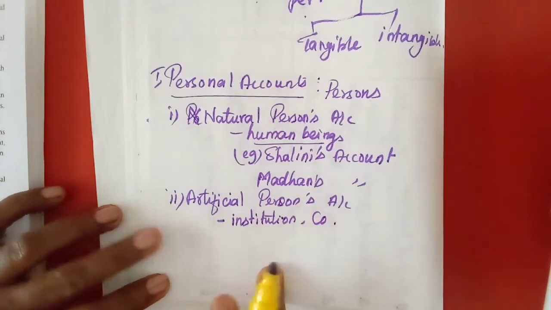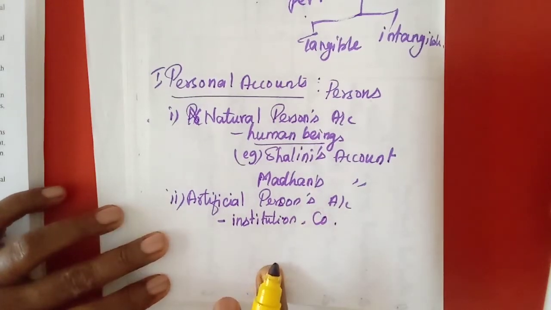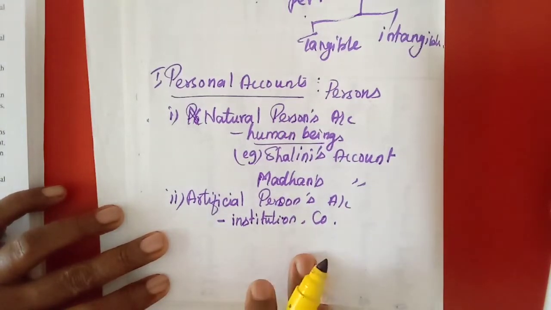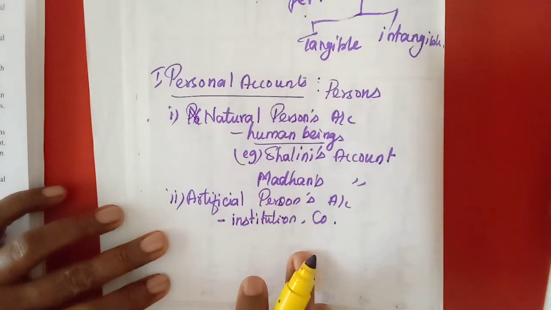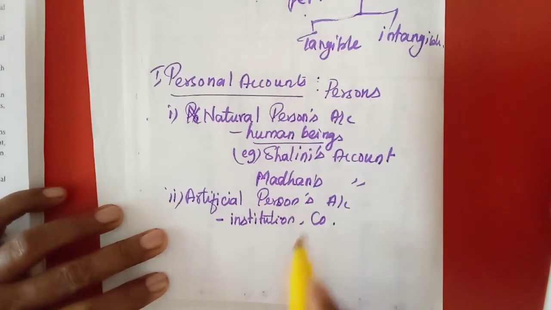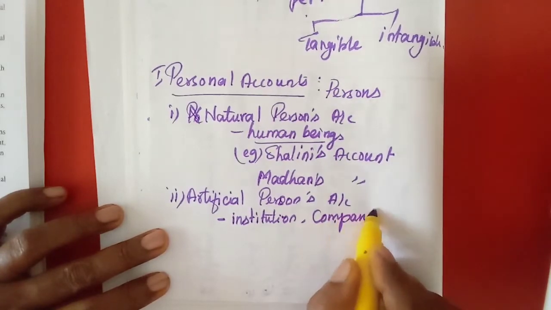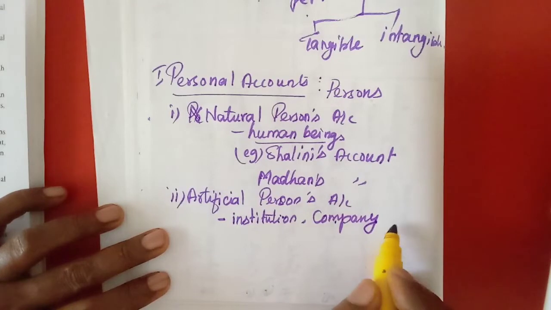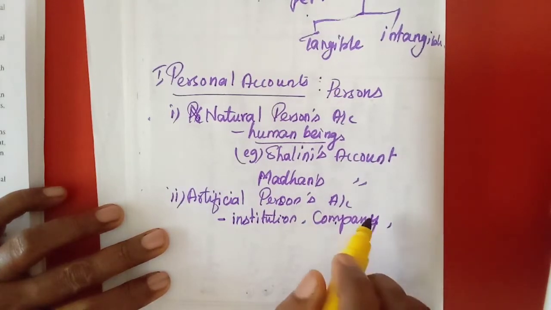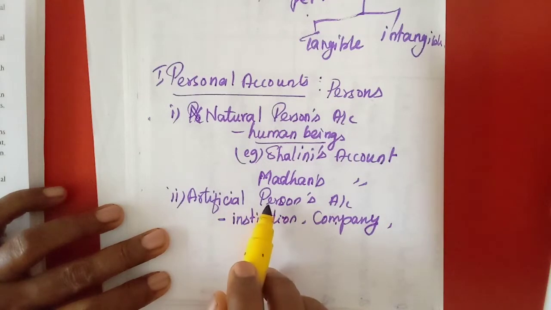You will study in commerce that a joint stock company is an artificial person because it is created by man, but it is created as a person under law. Any joint stock company or institution is recognized by law as a person. That is why it is called an artificial person.